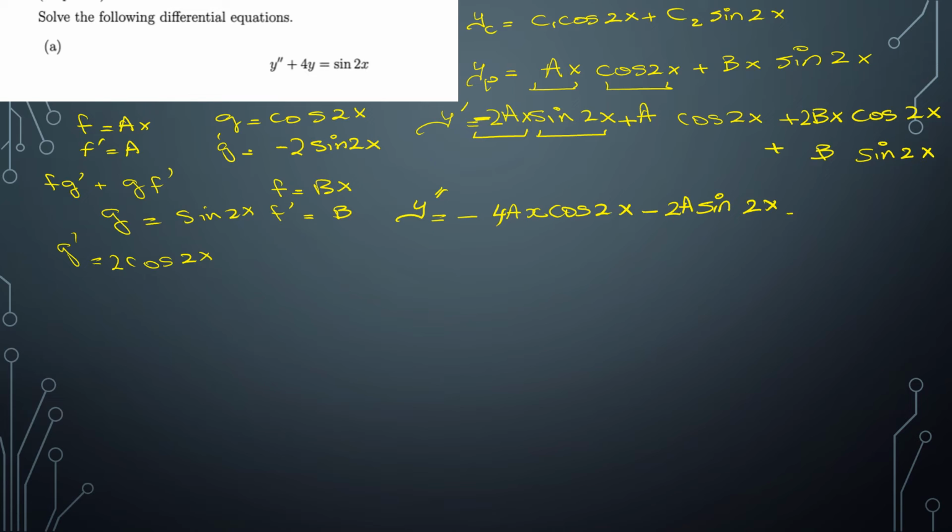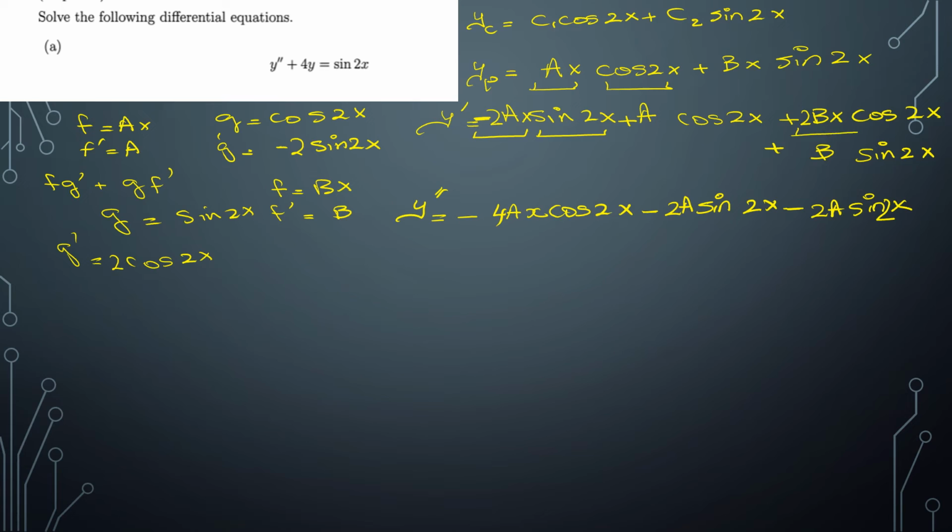Okay, so now here I have a cos 2x, so it will give me only 2a sine 2x with the negative sign, because the derivative of cosine has a negative sign. So I have to write here my negative sign. Okay, 2bx cos 2x.